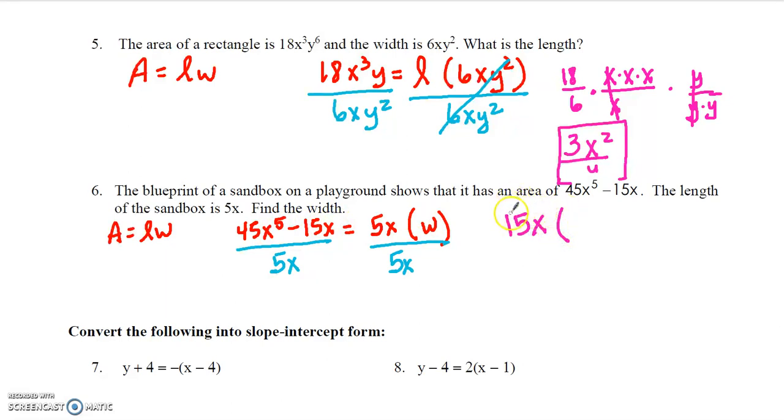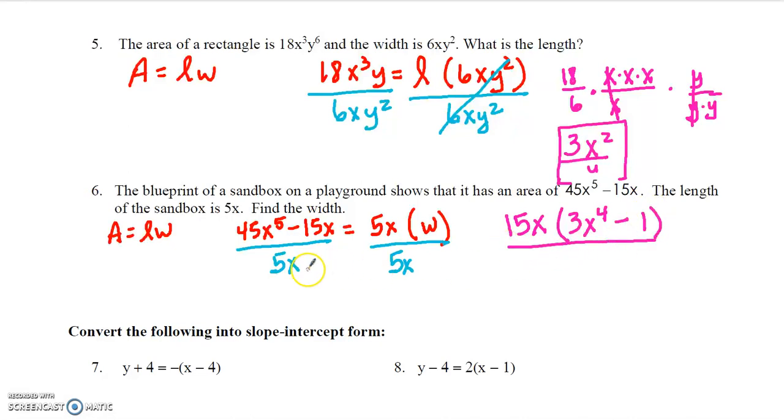So now let's multiply. 15 times 3 will give me the 45. X times x to the 4th will give me x to the 5th, minus 15 times 1 will give me the 15, and then x times 1 also will give me the x. So I just need to put a 1 here.